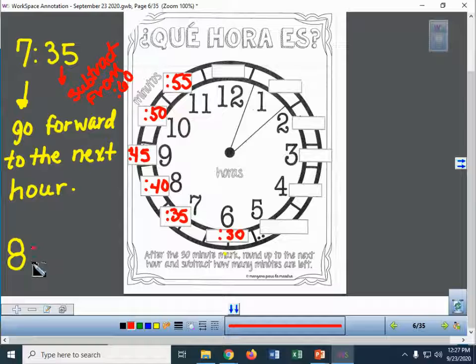So what's 60 minus 35? Yes, 25. It will give me 25. So we're going to write this.